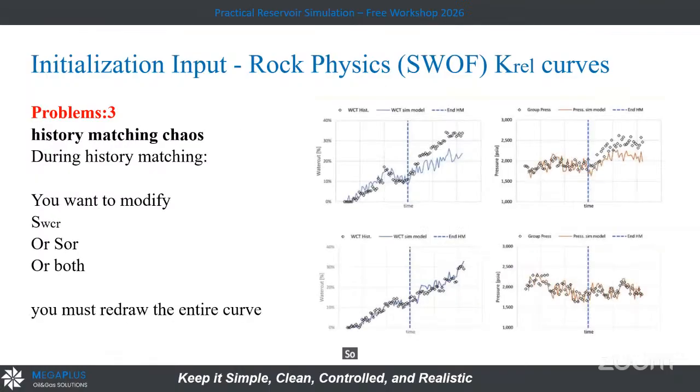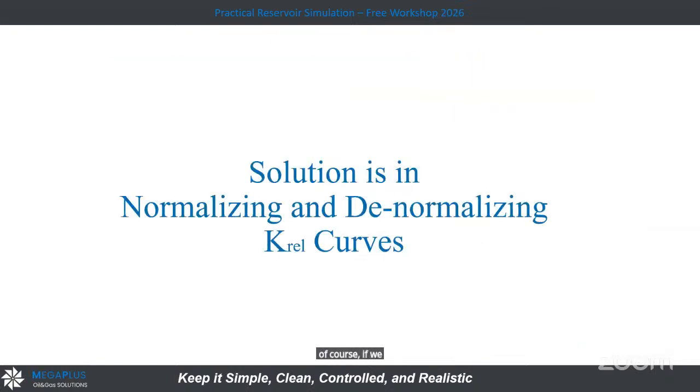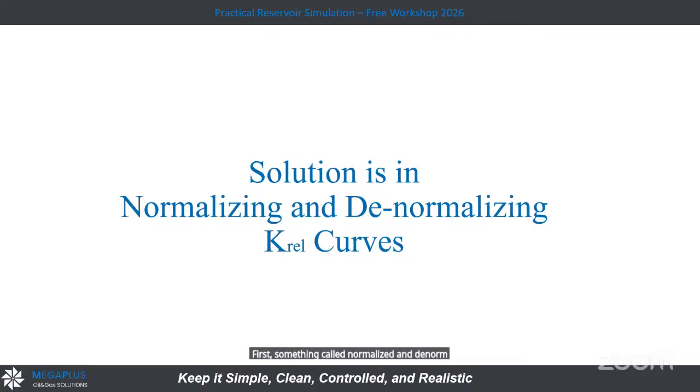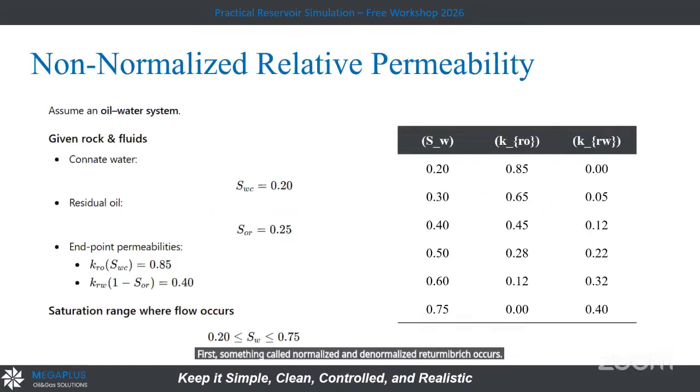So how can we solve this? Of course, if we have a history match, how can we solve all of this before we insert the relative permeability curves in the reservoir model? First, something called normalized and denormalized relative permeability curves.